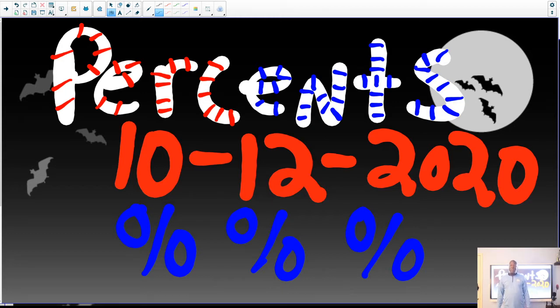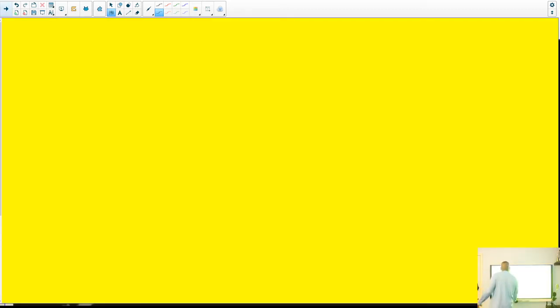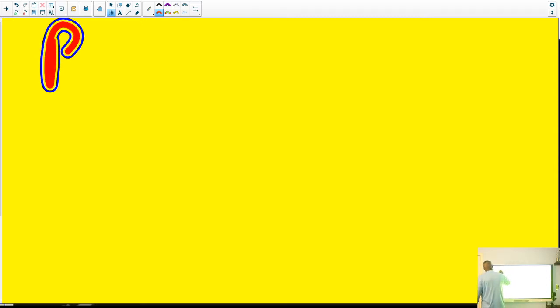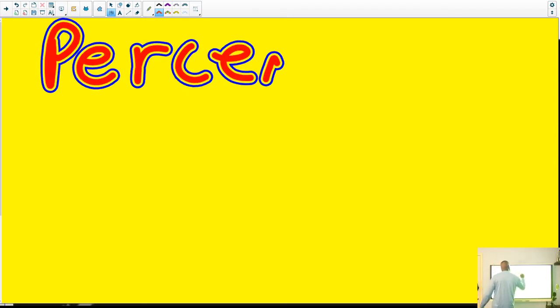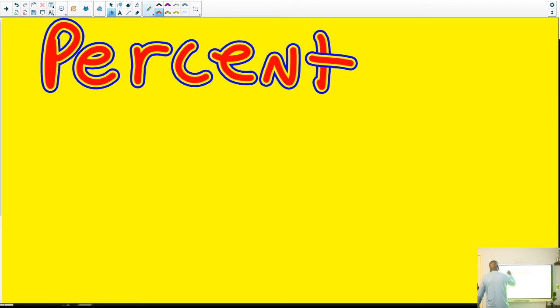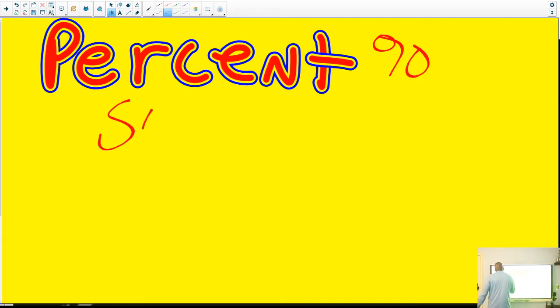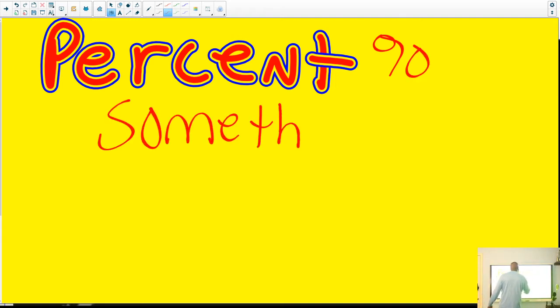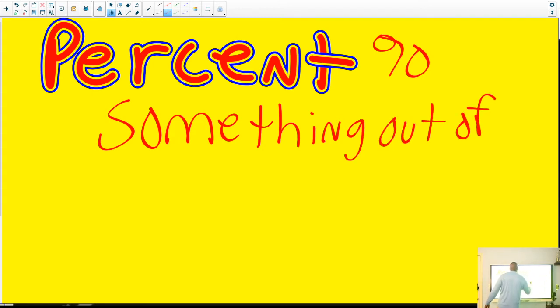We will start something new, and it's going to be on, as you can see, percents. Today, October 12, 2020. Let's start out with the definition of a percent. Percent, let's do the percent sign, is something out of 100.